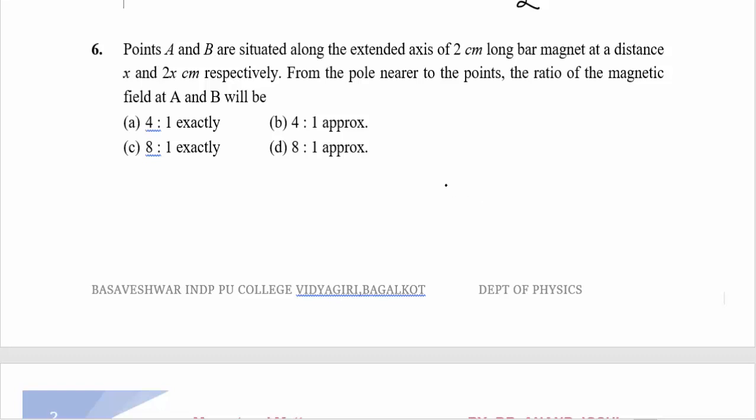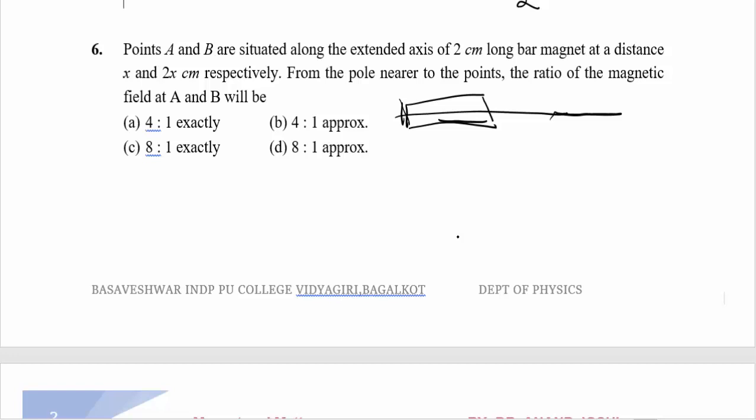The ratio of magnetic fields will be? If you take a bar magnet, see here it's a bar magnet. This is the axial line. Here the distances given are x and 2x.